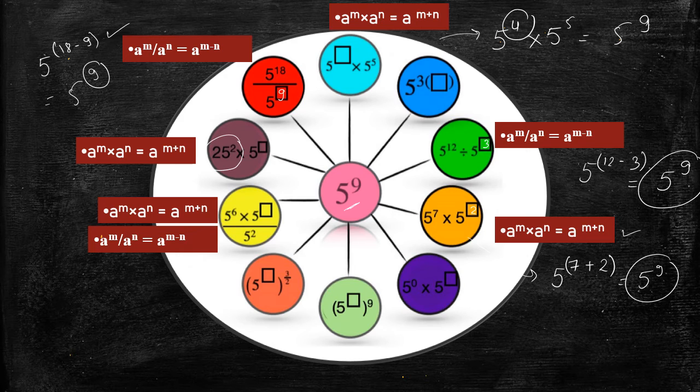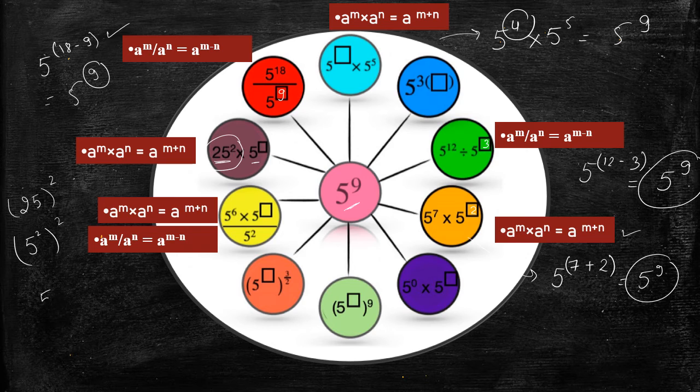All right. Now, this is something very important and interesting also. This is not a direct question. We don't have the same base here. Here the base is 25, and on the right side of the product sign, the base is 5. So we have to make the base equal. So what we will do is write 25 as 5 squared, right? So 25 squared will become 5 squared whole squared, meaning power of a power.